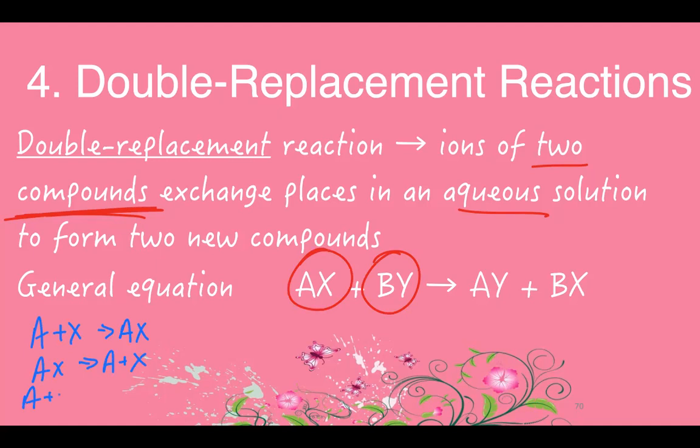And we've had A plus BX yields AX plus B, again, as a reactant, not 2 compounds. So this should be really easy to identify. And then you pick either the A and the B to swap, or you pick the X and the Y to swap. Because they're compounds, the A and B are going to be positive, X and Y are going to be negative. So positive and negative are the ones that have to go together. Just switch them around.